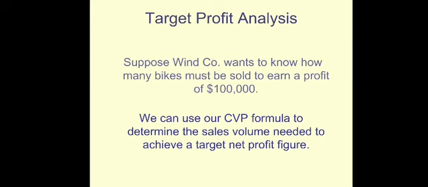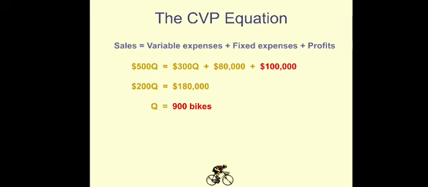So we can use our CVP formula to determine the sales volume needed to achieve a target profit figure. You can use this equation if you want. You just put the target profit there.